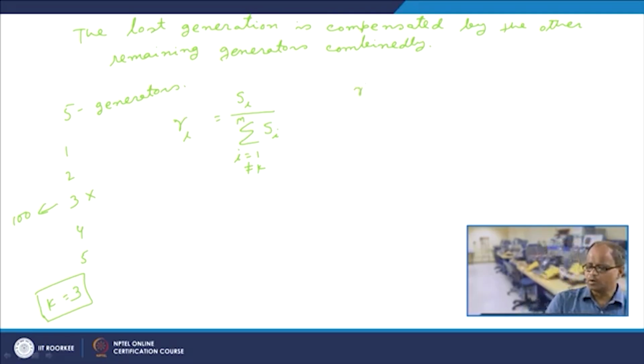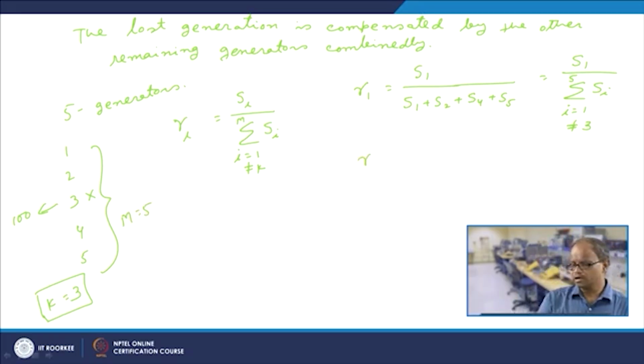Then we calculate gamma 1 as S1 divided by S1 plus S2 plus S4 plus S5, which is S1 by the sum total of Si, I equal to 1 to 5, not equal to 3. Here M is equal to 5. Similarly, we also calculate gamma 2, gamma 4 and gamma 5.